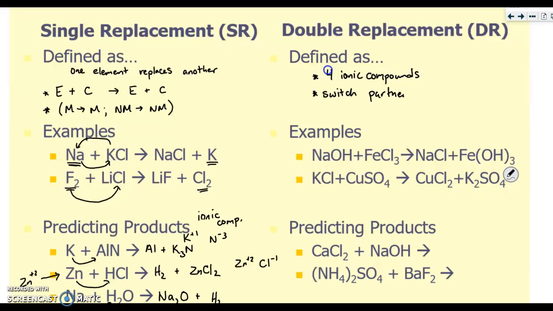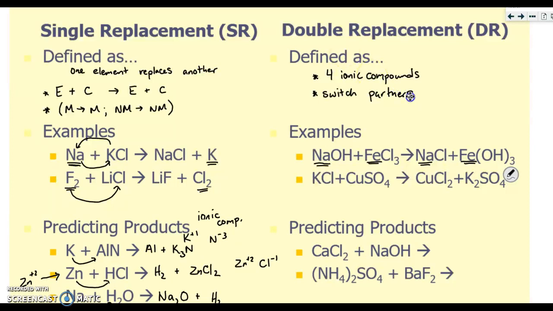These are often also referred to as exchange reactions because everyone is exchanging. So if you look at the examples, Na started with OH, but on the product side it's with Cl. And Fe started with Cl, but on the product side, it's now with OH.